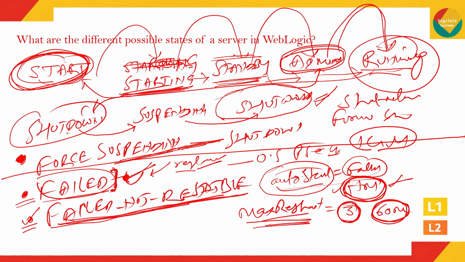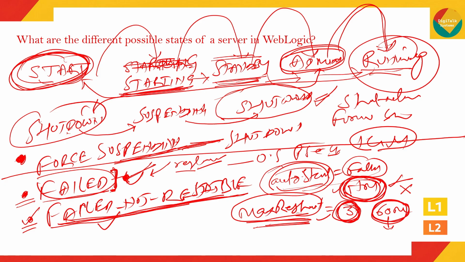If your server still crashes after the 3 attempts, it will not try to restart again till the next interval arrives. So if auto restart is false, or the max restart attempt has been reached and node manager was not able to start your server, then the state will change to failed not restartable.